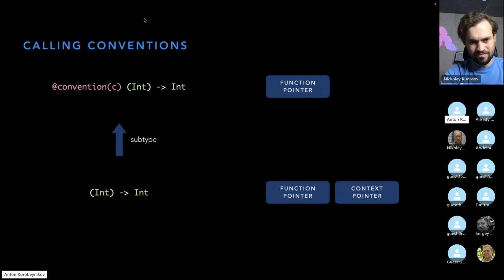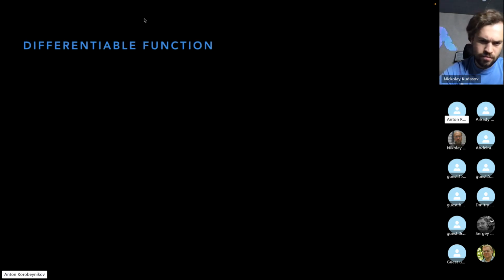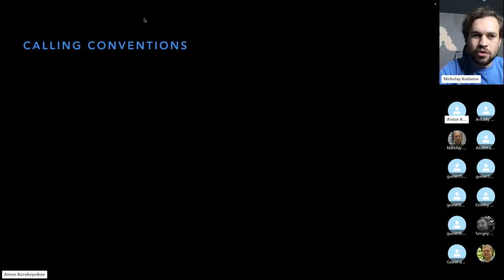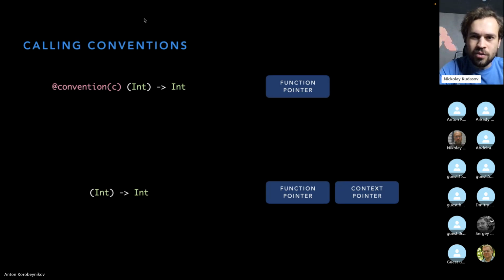Having this notion in mind, something that is already implemented in the language, let's try to design or discuss what might be done for the differentiable function. I'm sorry, can I just clarify? I'm always confused with the subtyping relation and whether it points in the correct direction.